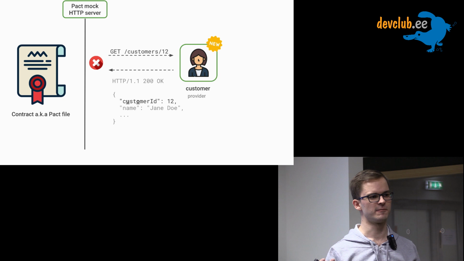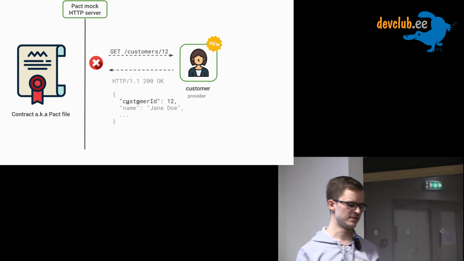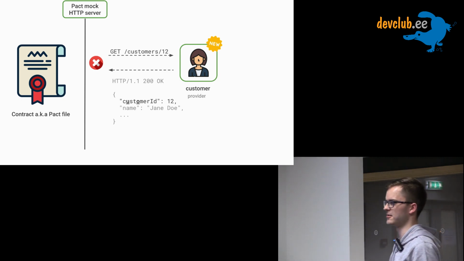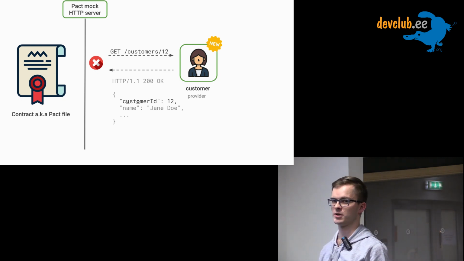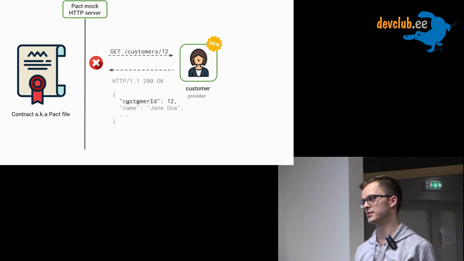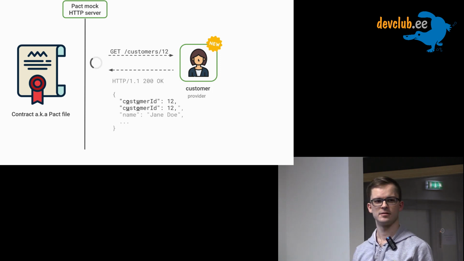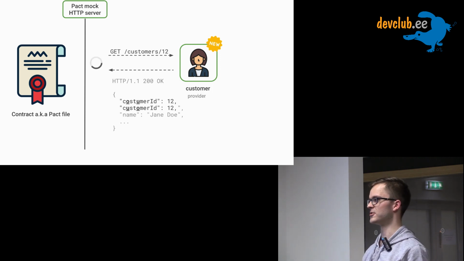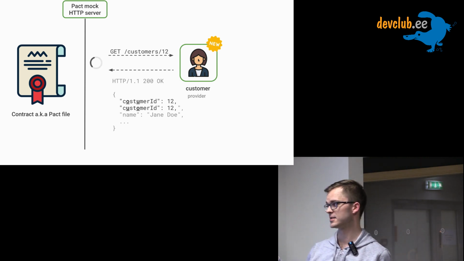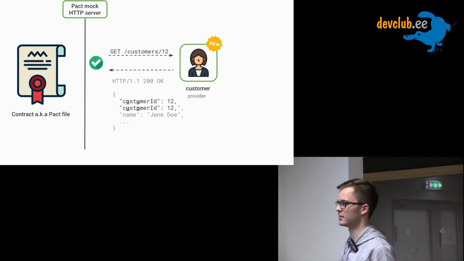But instead of going and knocking on the billing team's door and saying, go ahead, fix your application, what we could do is make this change backwards compatible. So instead of renaming this field, we could add a new field to it. So now we have consumer and customer ID. Since nobody is still using this customer ID, this test will pass and everything is okay.